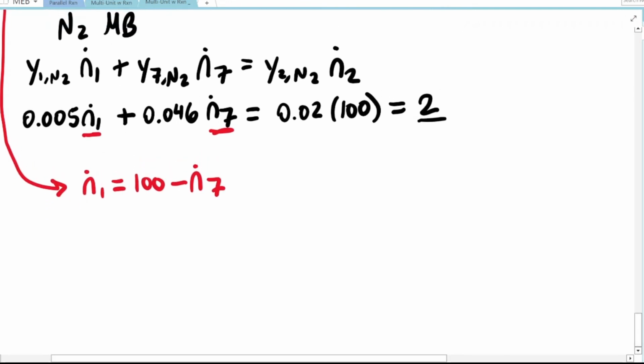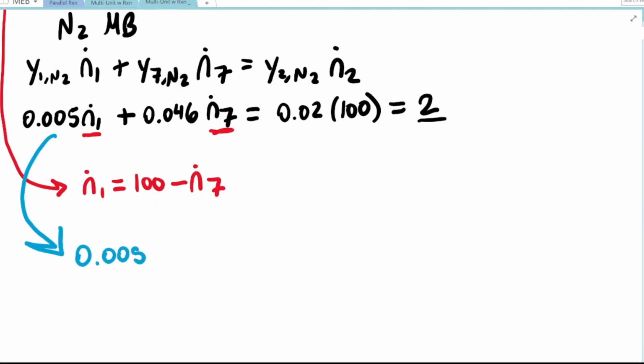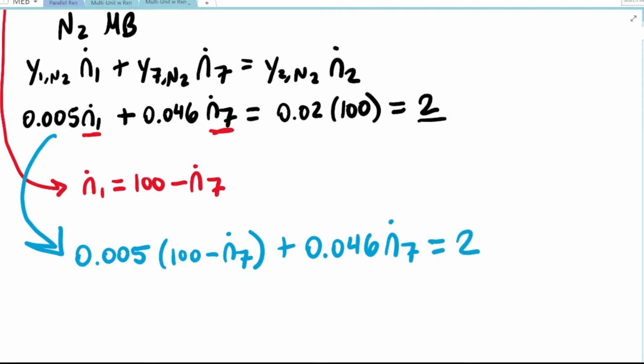And from there, I'll take our nitrogen material balance and substitute in my N1 dot. So it's going to be 0.005 times (100 minus N7 dot) plus 0.046 N7 dot equals 2.